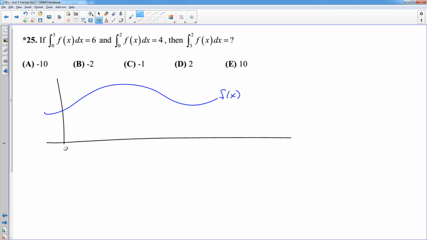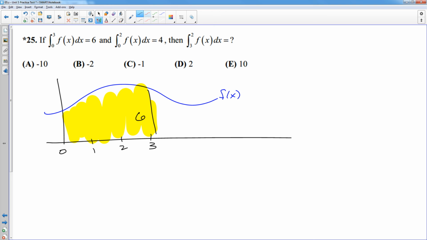What I do know is that the area from 0 to 3, that area right there, this area from 0 to 3, the yellow area, is an area of 6. Right?